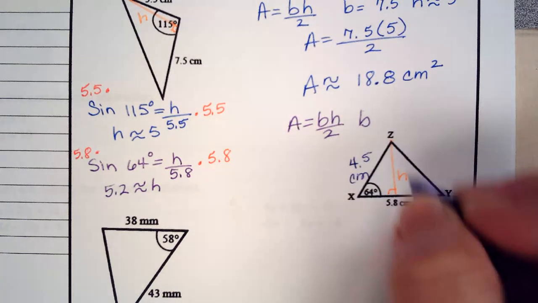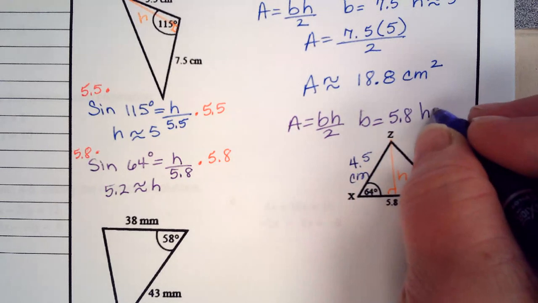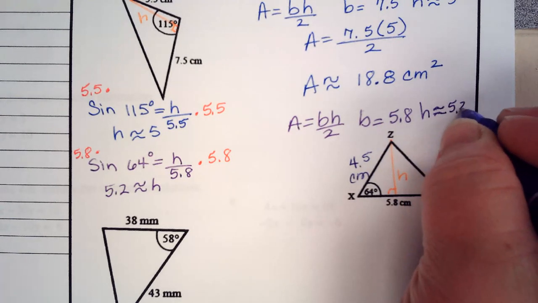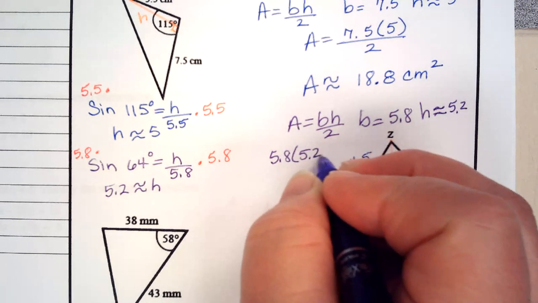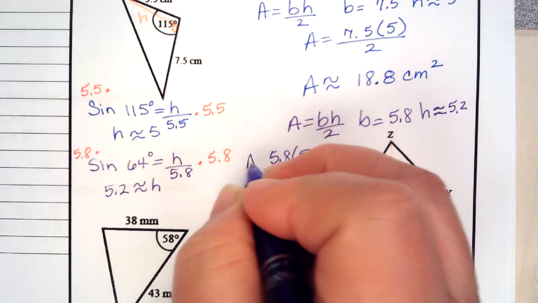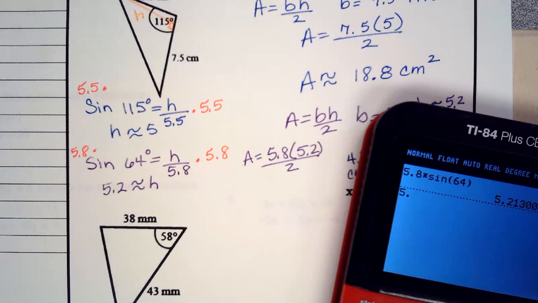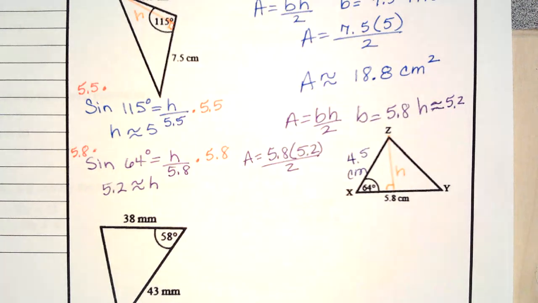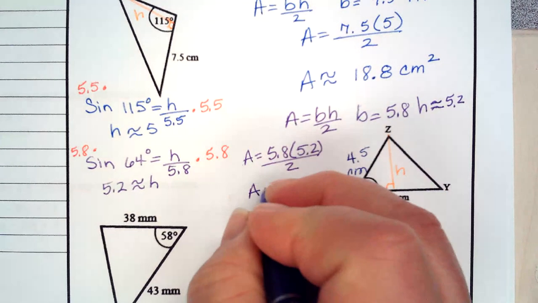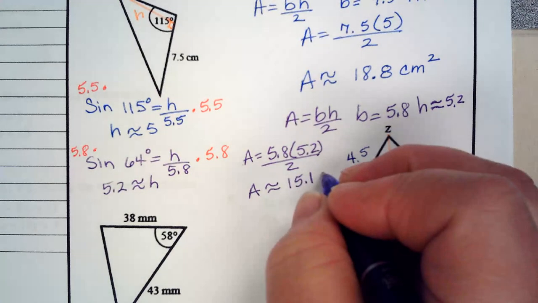My base is 5.8. My height is about 5.2. So 5.8 times 5.2 divided by 2. And you end up with 15.08, which is approximately 15.1 centimeters squared.